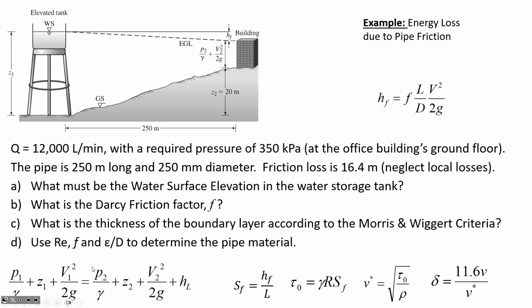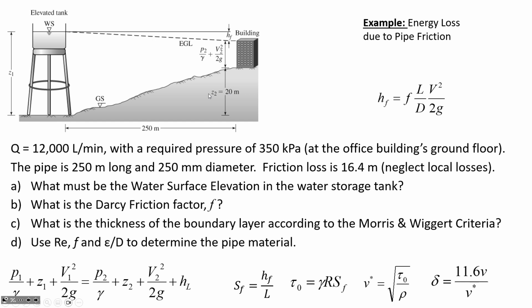So let me walk you through what we've got. This is very similar to homework problem 8. We've got an elevated tank and a building where we know what pressure we want to be present at the top of the building. Oh, in this case, it's actually saying the ground floor. So we want 350 kPa at the ground floor. And you can see that the ground floor of the building is 20 meters above some datum.